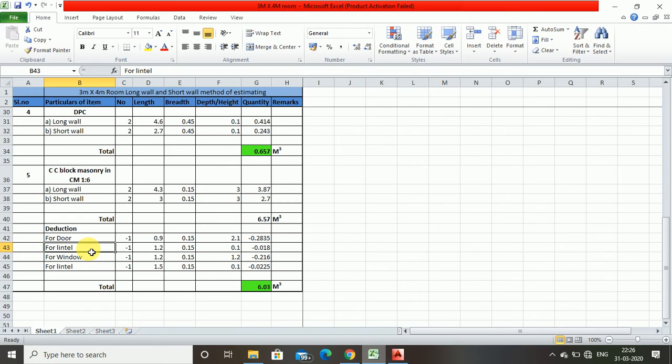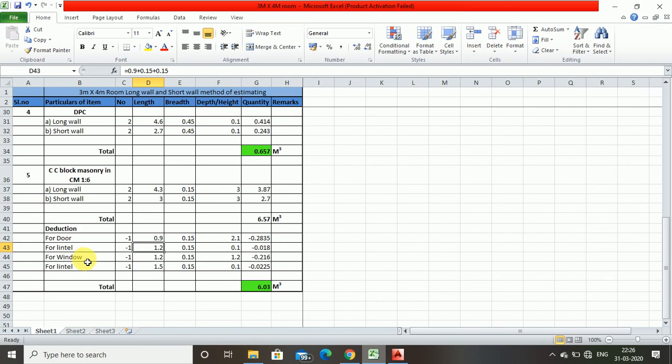Over the door we provide a lintel. So the lintel we have to consider, because that will be of concrete, so there will be no block work. That also we need to consider. That is 0.9 plus both side I have taken a bearing, that is 0.15 or 0.15, and the width of the wall is 0.15, and the depth is 0.1, the depth of concrete.